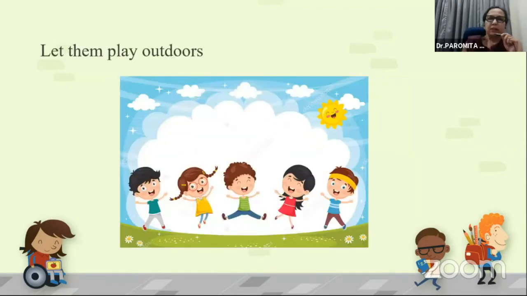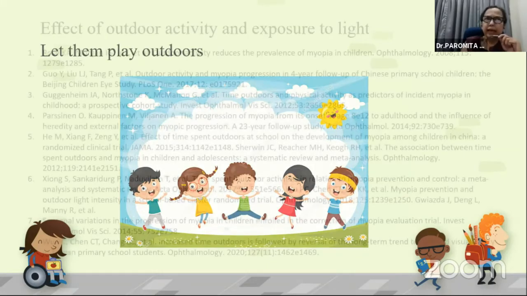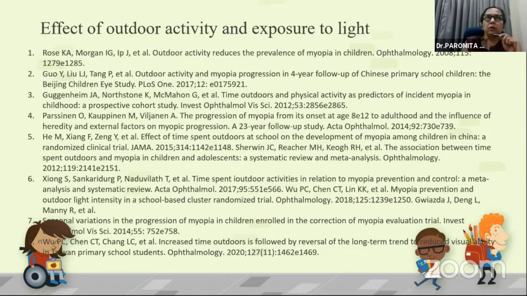The other thing, this we never had to say. In our childhood, parents had a lot of trouble bringing us back indoors. But now getting the children to play outdoors is not common anymore. So we need to, and there are a number of studies that have shown that outdoor activity does delay the onset of myopia, and it does also diminish the rate of progress of myopia.